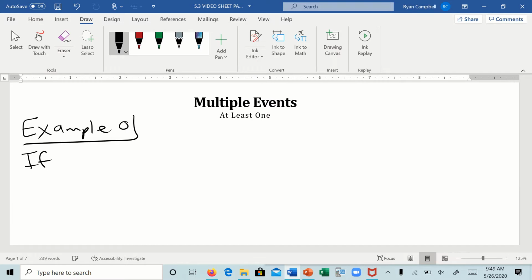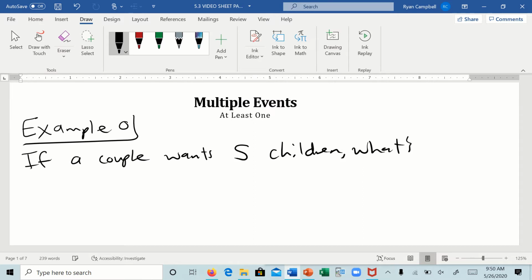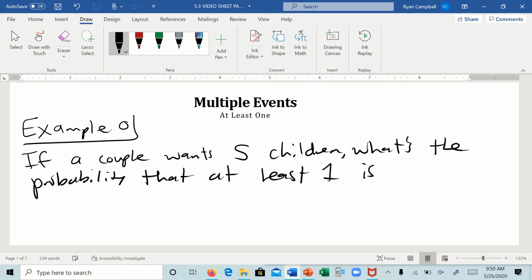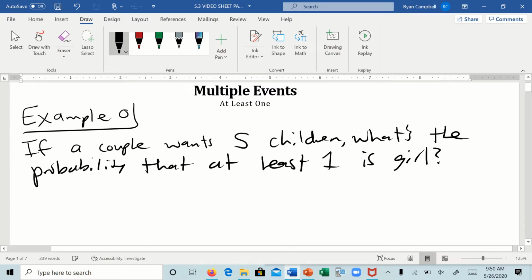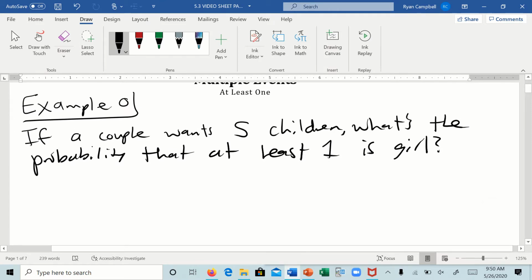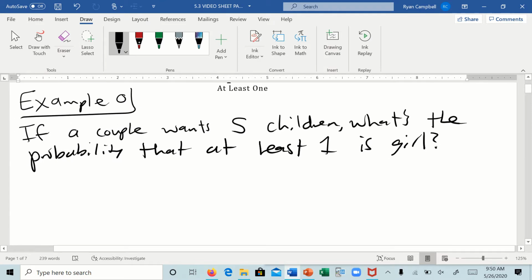If a couple wants 5 children, what's the probability that at least one is a girl? Well, we can definitely write all of them out, right?